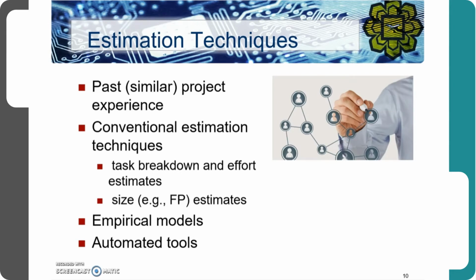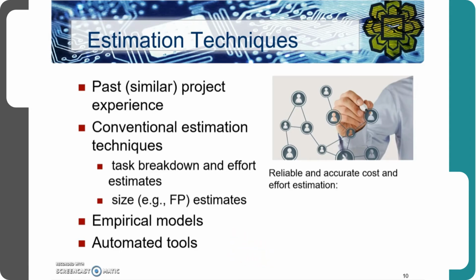These estimation techniques might be based on past or similar project experience, or conventional estimation techniques where you break down the task and the effort is estimated based on the task, or the size, for example, function point estimation. It can also use empirical models or automated tools.